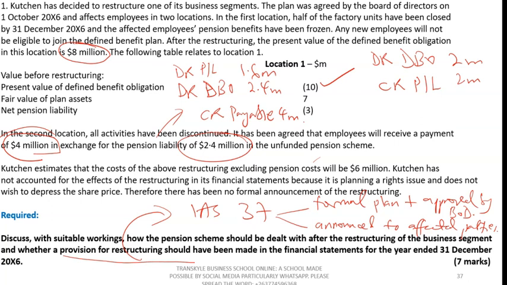Now, given the situation, we are told that the plan has been agreed by the board of directors. So obviously, it is the plan that has been approved. But in terms of announcement, can we simply say this plan has not been announced? We are told actually that it is at the implementation stage by the year end.